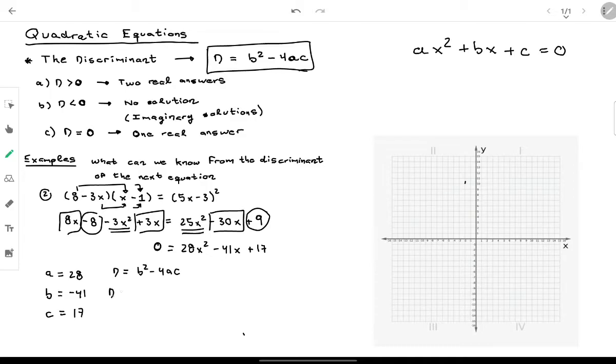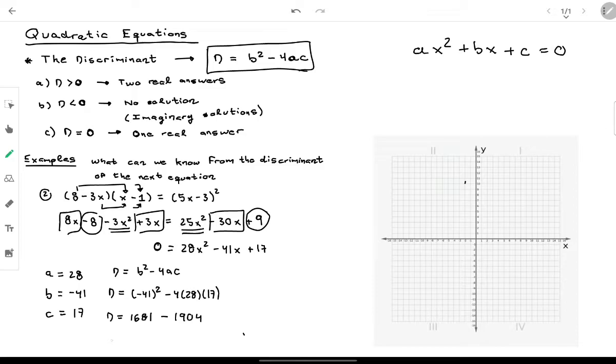So it's going to be minus 41, all of it squared, minus 4 that multiplies A, that multiplies C. If I do minus 41, all of it squared, it's going to be 1681 minus 1904.